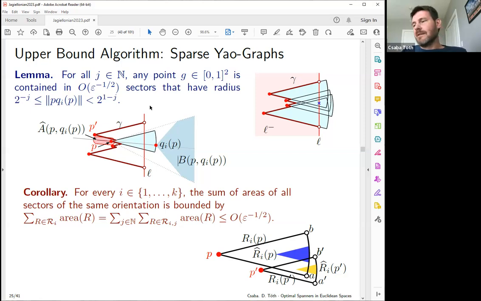So how many can overlap at any single point? Suppose that this blue X is contained in some number of cones. Then they are all similar. So the edges of the cones form a terrain.